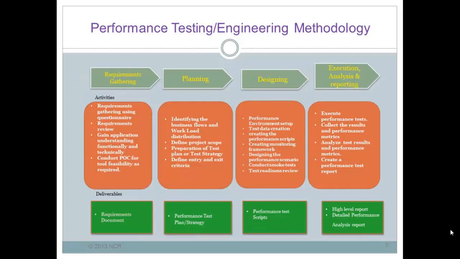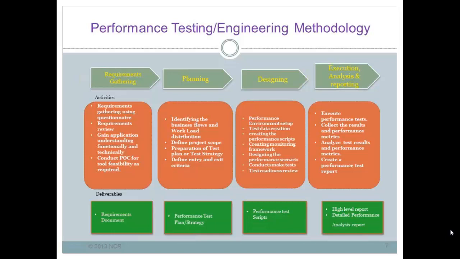For example, the customer may say, we want to use JMeter as it is an open source tool, and we are not ready to go for any licensed tool like HP LoadRunner or Micro Focus Silk Performer. At that time, we'll do a POC and verify. If it is feasible, we'll say it is feasible. Otherwise, we'll say it's not feasible for the application. We'll say we have completed one scenario and these are the challenges we came across in the POC, and show the proof to the customer.